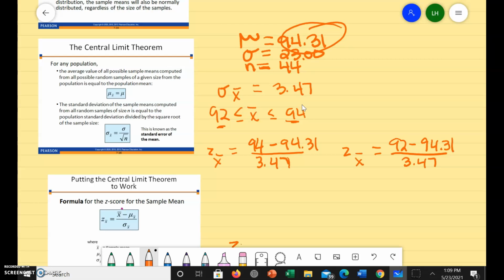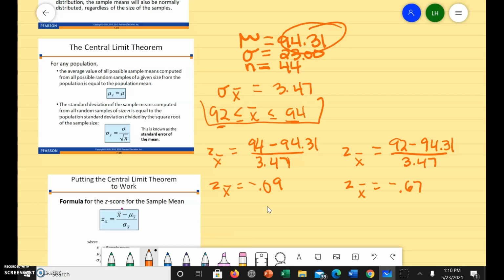Okay, so we're going to calculate our z-score for both of these and round to 2 decimal places. Now I'm going to put in both of these z values, and to get the probability of it being in between, you're going to take the probability of the larger and subtract out the probability of the smaller.